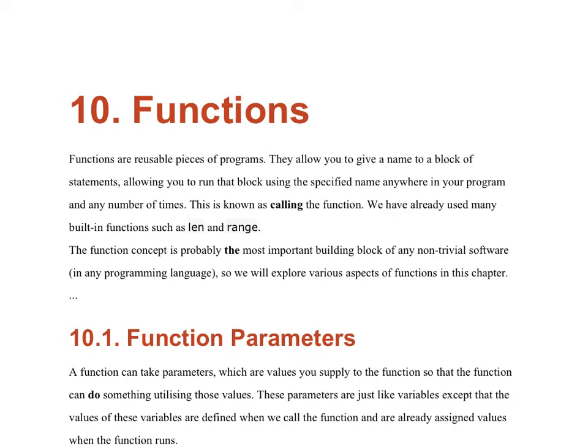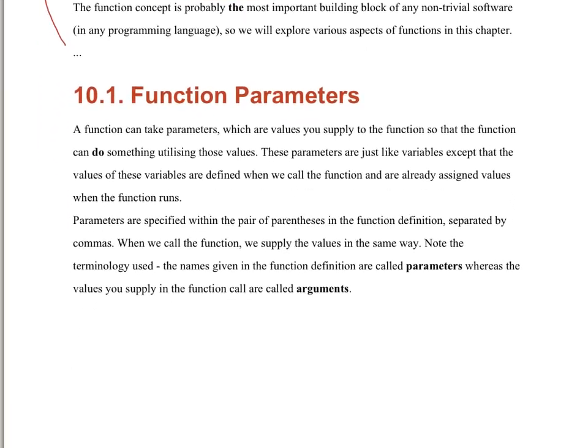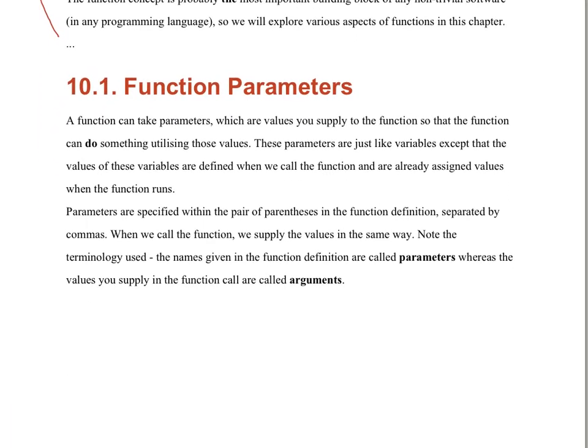This is from A Byte of Python. I just grabbed some partial text. Here it talks about functions, and it talks about the stuff we were talking about. It's known as calling the function. They have an example they gave earlier in terms of functions, and then if we look down, we talked about function parameters.